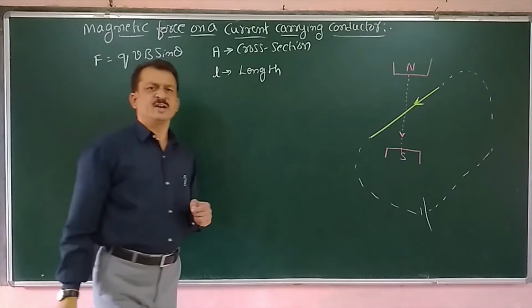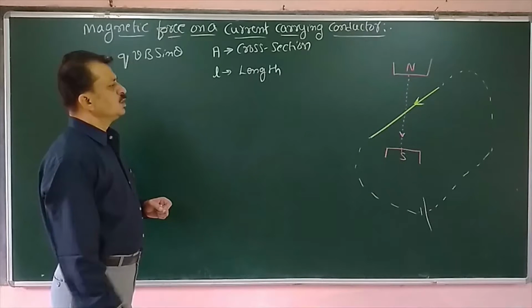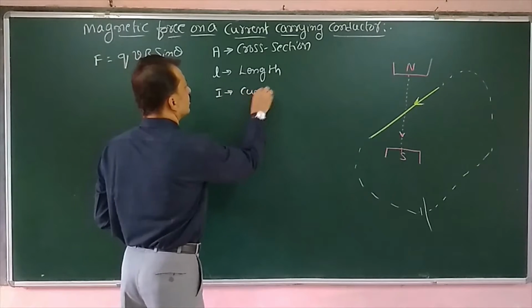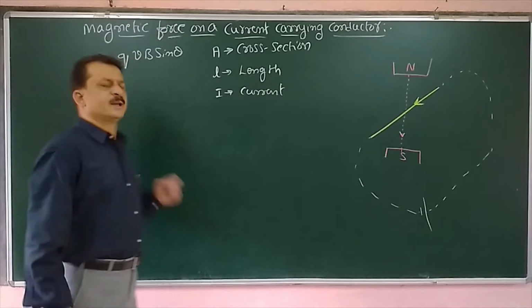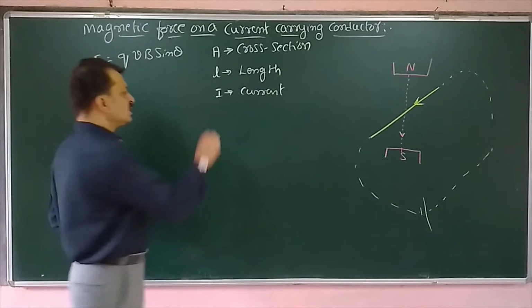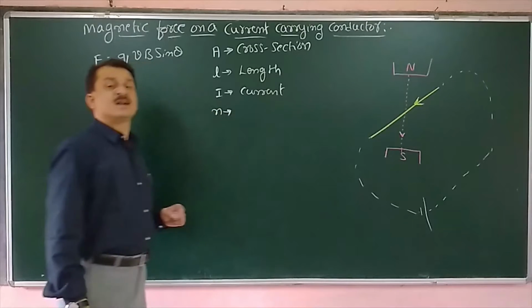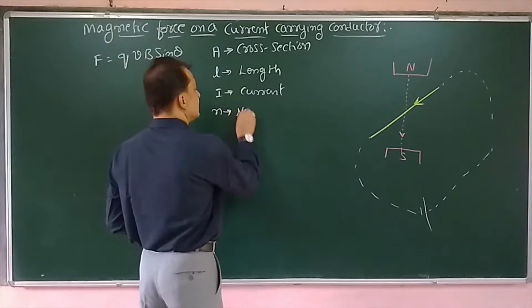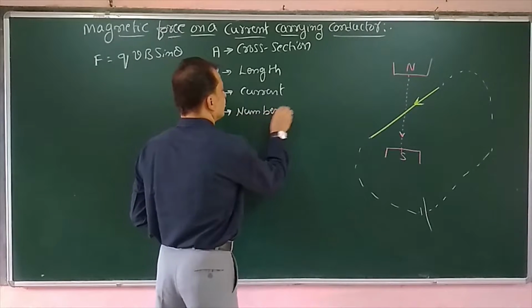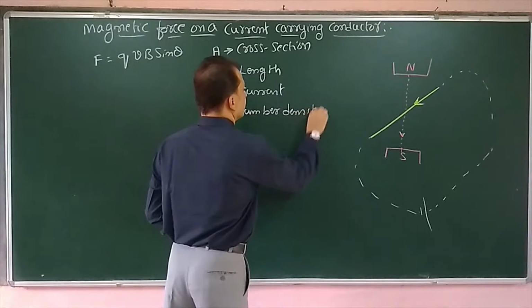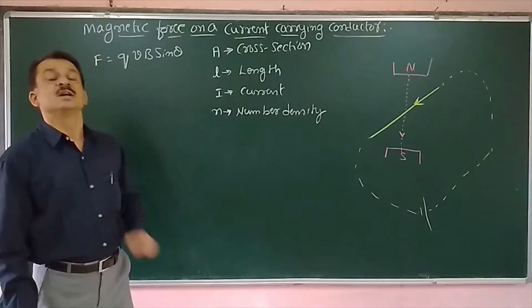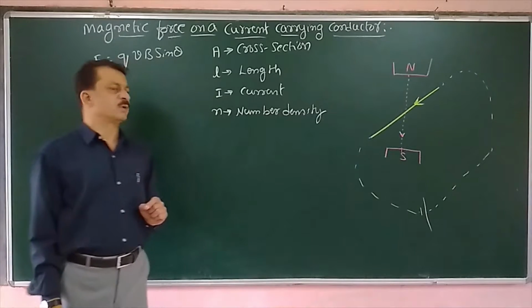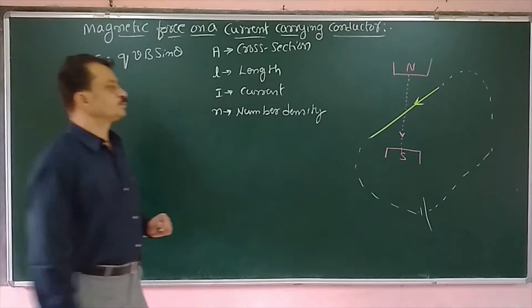It is carrying a current I. Let small n be the number density of the charge carriers, that is, the number of charges per unit volume.